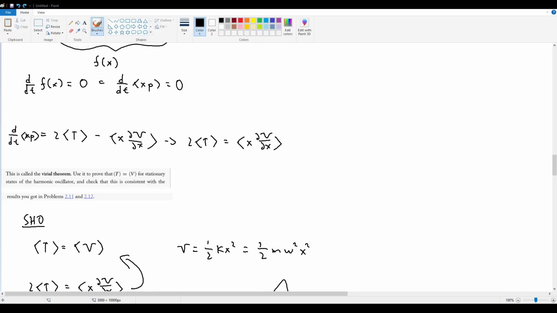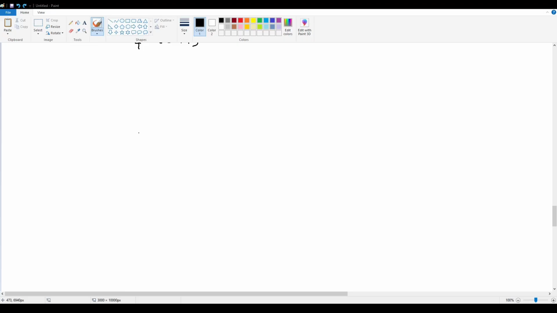One final point that I want to make is to emphasize the significance of what this means, right? So we showed that for a simple harmonic oscillator, the expectation value of T is equal to the expectation value of V. What this is basically telling you is that for a harmonic oscillator spring system, on average, the average kinetic energy is equal to the average potential energy.